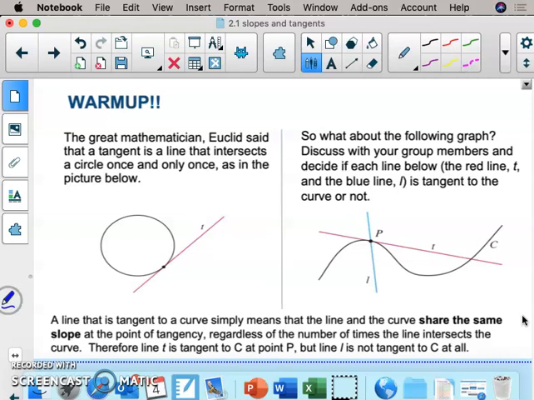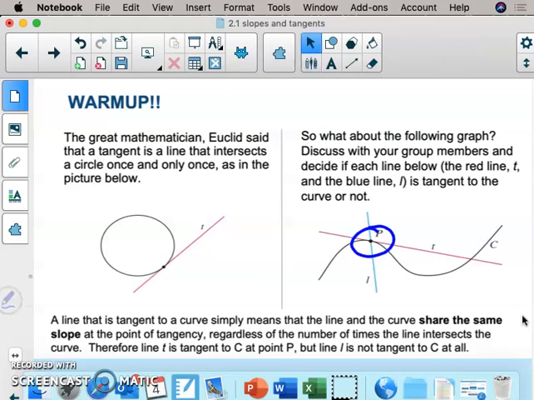A tangent line is a line that shares the same slope as the function at what's called the point of tangency. So if we are focusing on point P as our point of tangency, then the red line, this guy right here, shares the same slope as the function at that point.